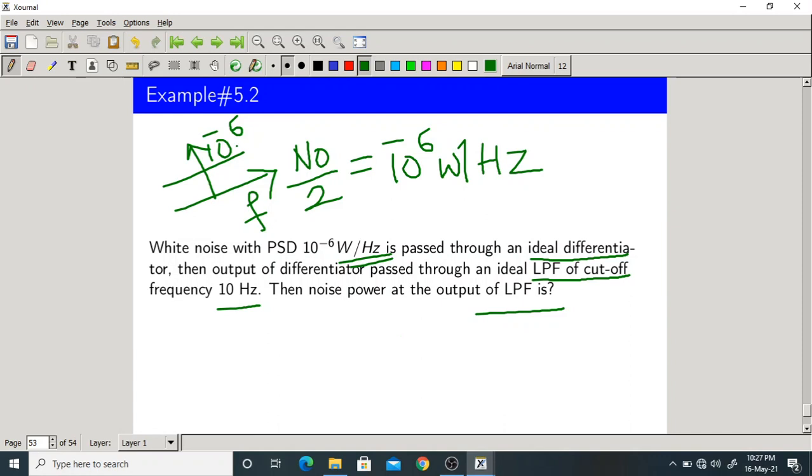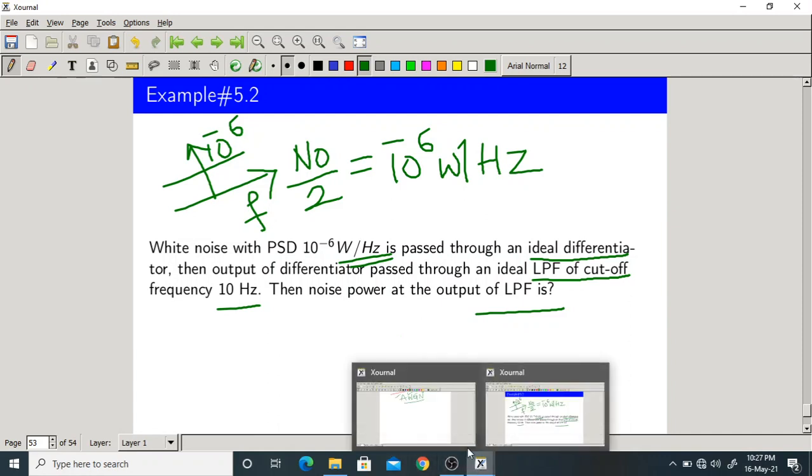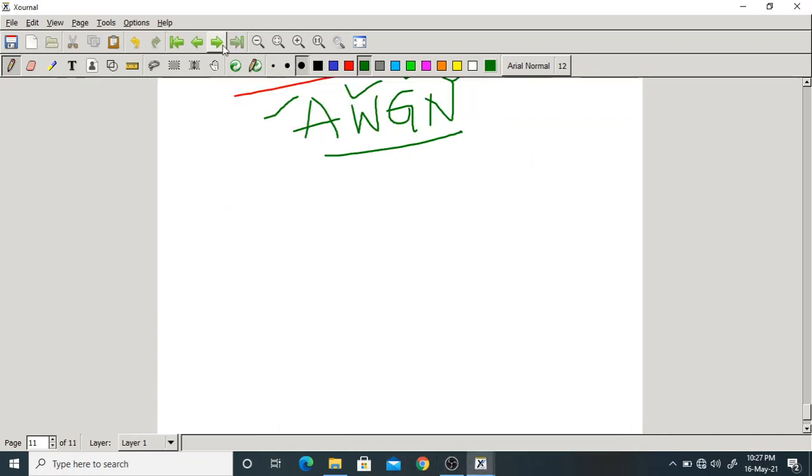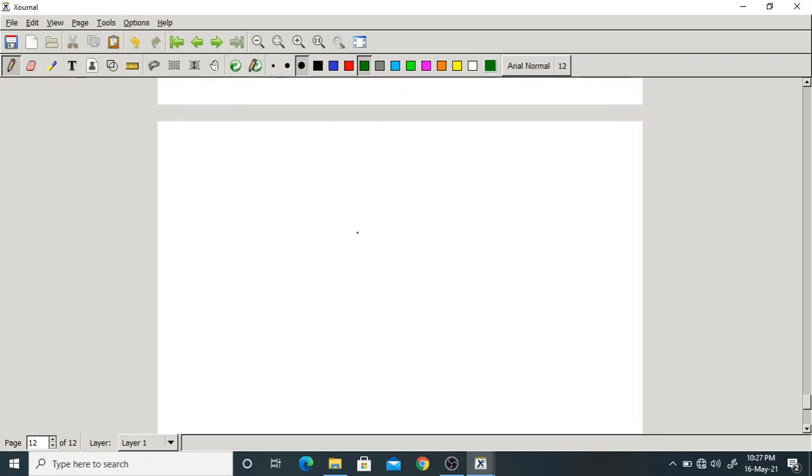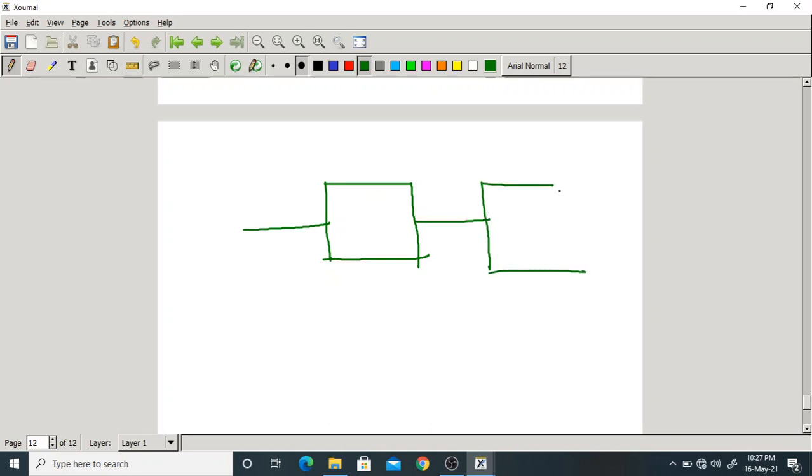Now read the question properly. What are they doing? Here they have a system, and they're doing two important modifications. What are they?